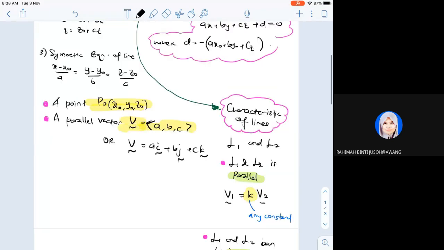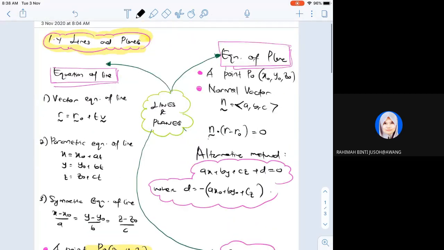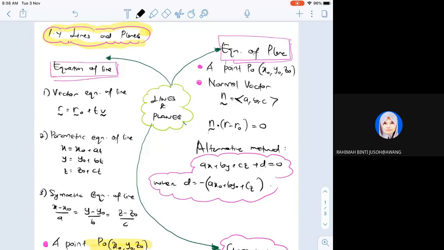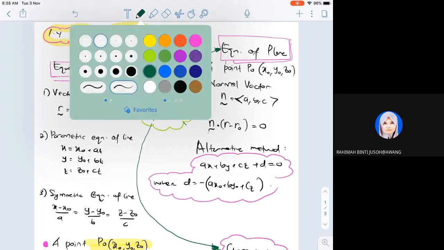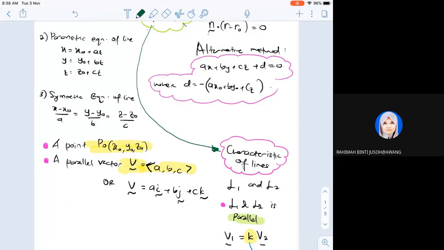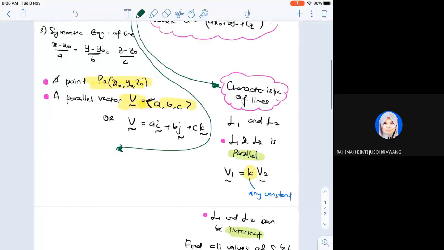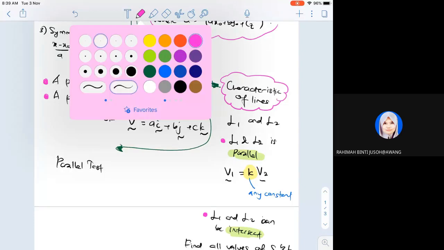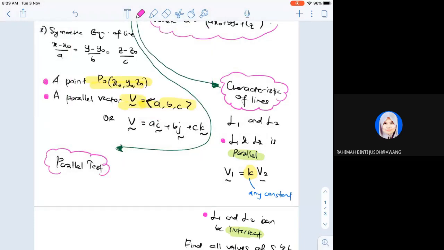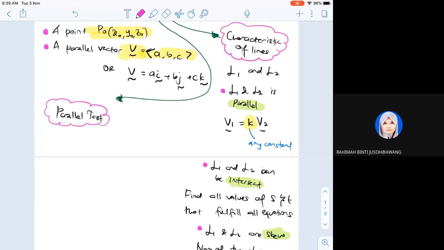Characteristic of lines. Okay, one more thing that you should know in subtopic 1.4 is we need to test parallel. Okay, parallel test. Satu lagi. Mana ni tak muat saya nak tulis ni. Satu lagi cabang dia adalah parallel test. Alright, parallel test.